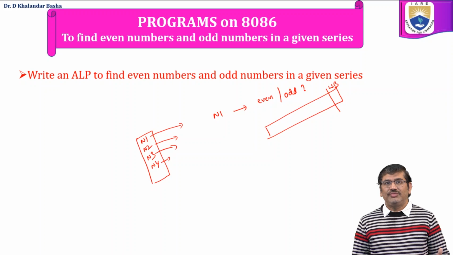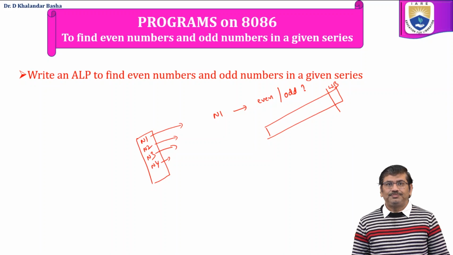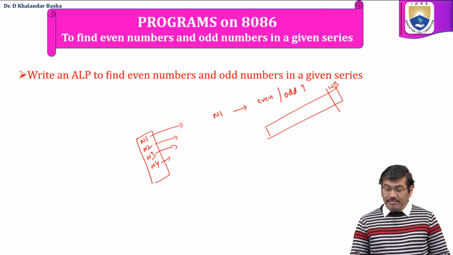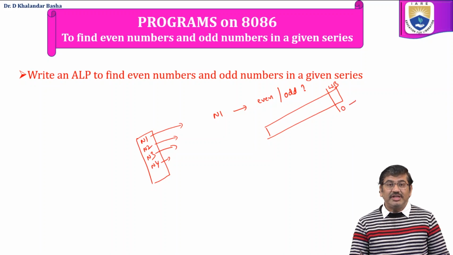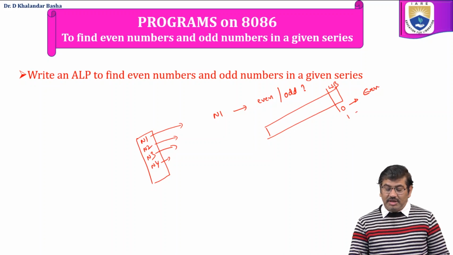If the remainder is 0, it is an even number, and if the remainder is non-zero, it is an odd number. In the binary format, if the number ends with a 0 in the LSB, it indicates an even number. If it ends with 1, it indicates an odd number.